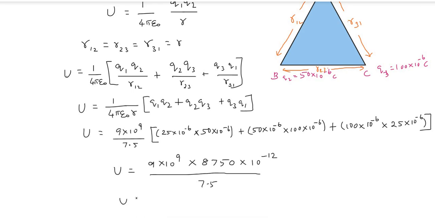We get value U equal to 10,500 into 10 power minus 3 joule, equal to U equal to 10.5 joule.